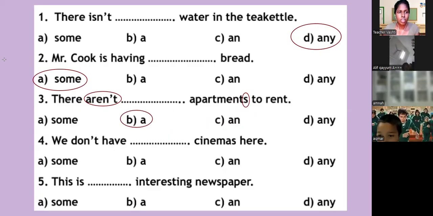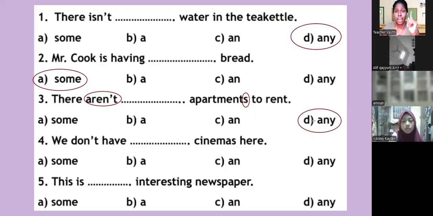Kalau a satu saja. Mana ada satu? Apartments ada banyak. Ada S. So tak boleh guna a. Some. Okay, which means you didn't focus earlier, Amna. Kalau ayat negatif, what must you use, everyone?